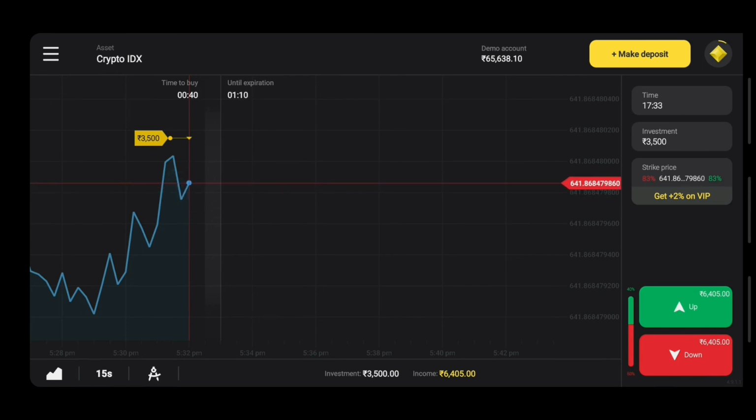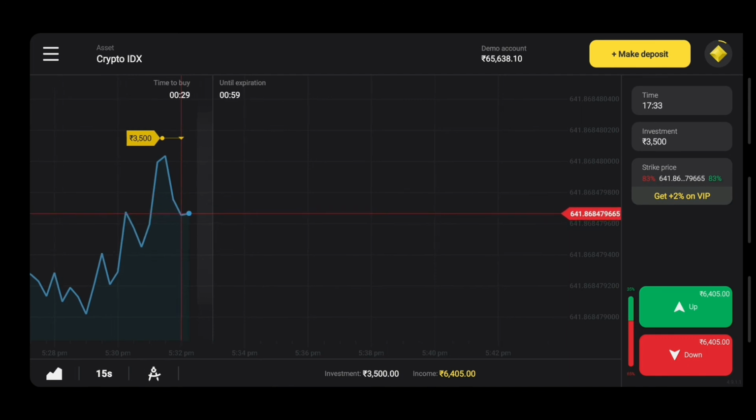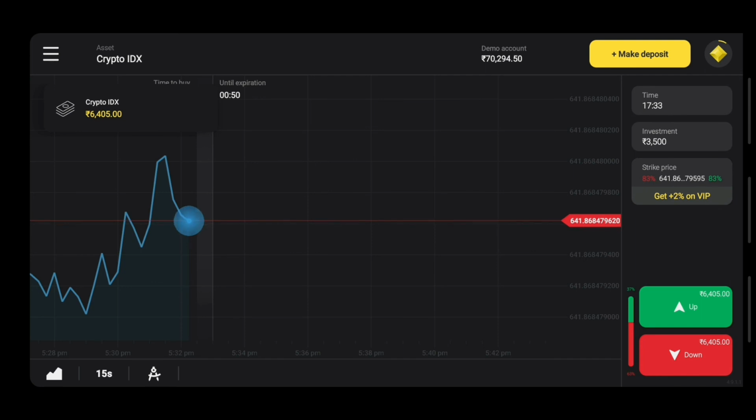So I had invested 3,500 and 3210. Yep. So now my balance will increase by 6405. So that is my balance increase.